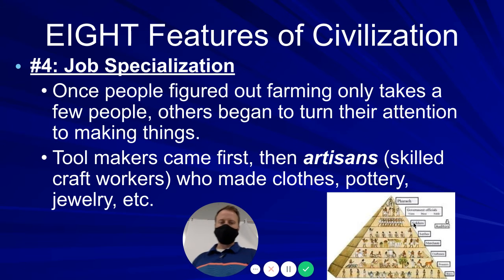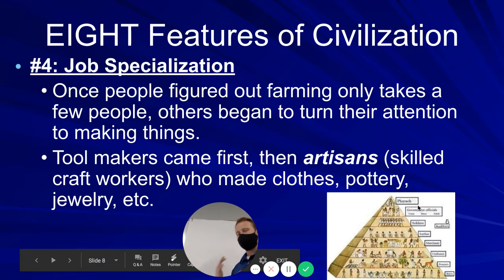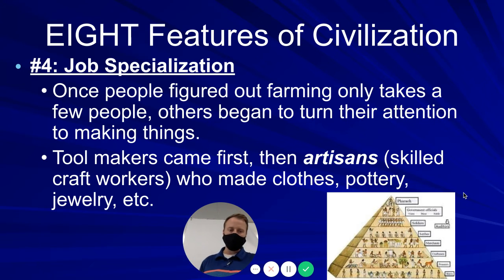And we keep going back to Egypt because you guys are familiar with it. They would have these different levels and jobs within those levels. So you could have soldiers, scribes, religious jobs, merchants, and even slaves. So different levels or job specializations.